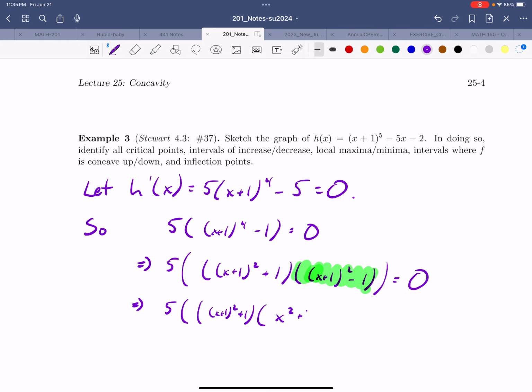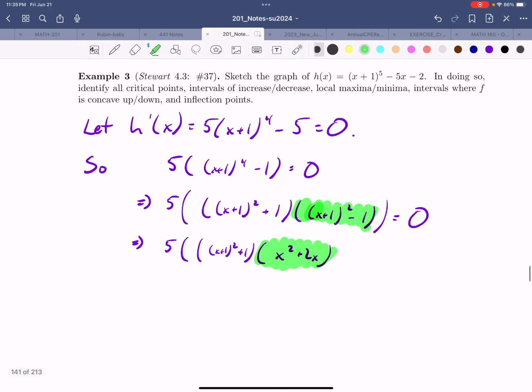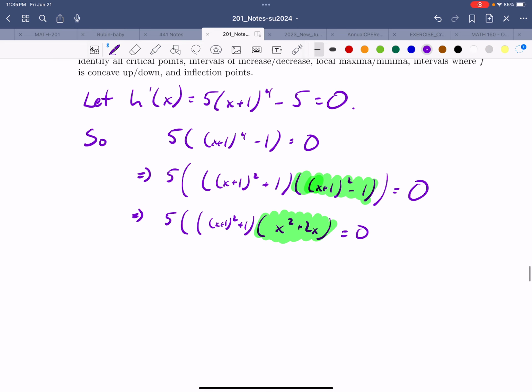X squared plus 2x plus 1 minus 1. It simplifies nicely. Just to be clear, all this nonsense we don't really care about, times x times x plus 2 equals 0.